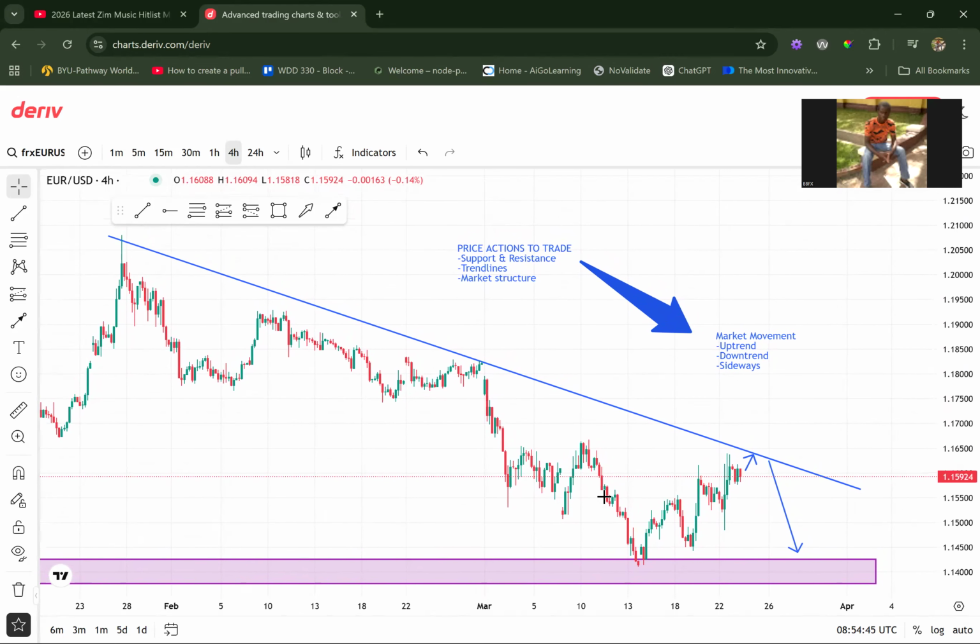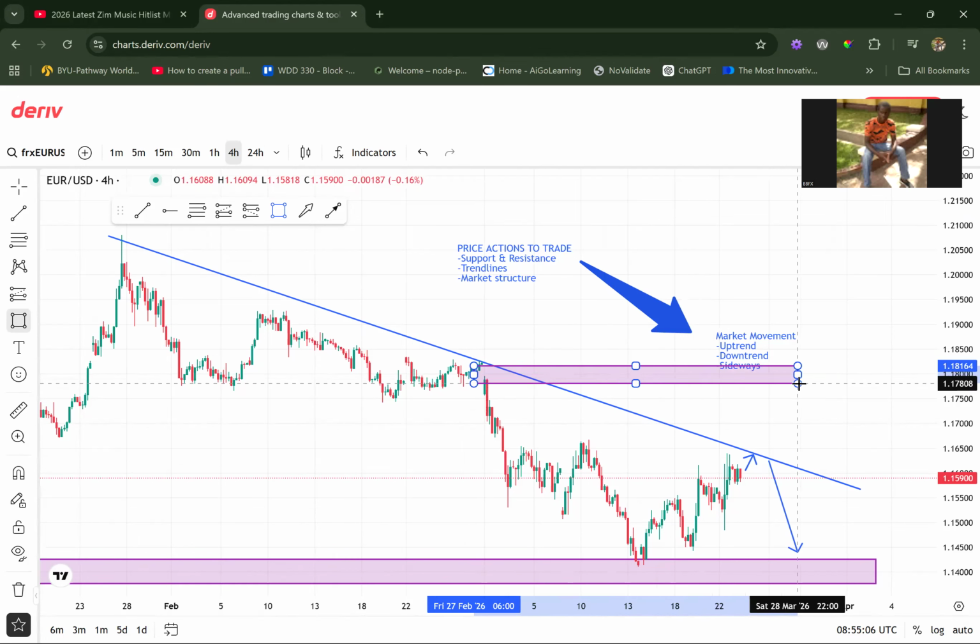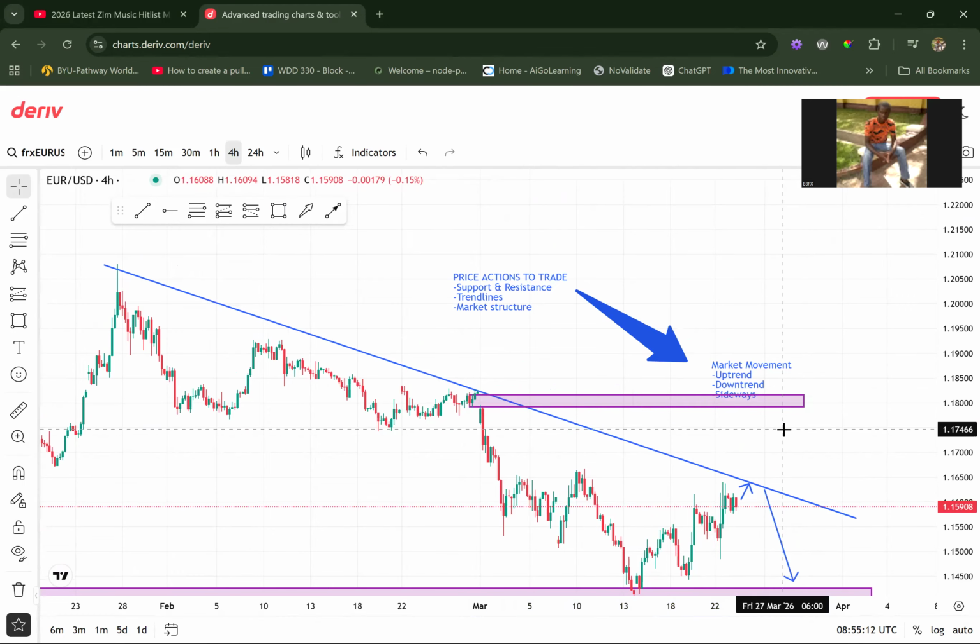If it breaks this, you see there's a gap here. It's a fair value gap, or just an empty gap. When it breaks, it needs to come here to close that gap.